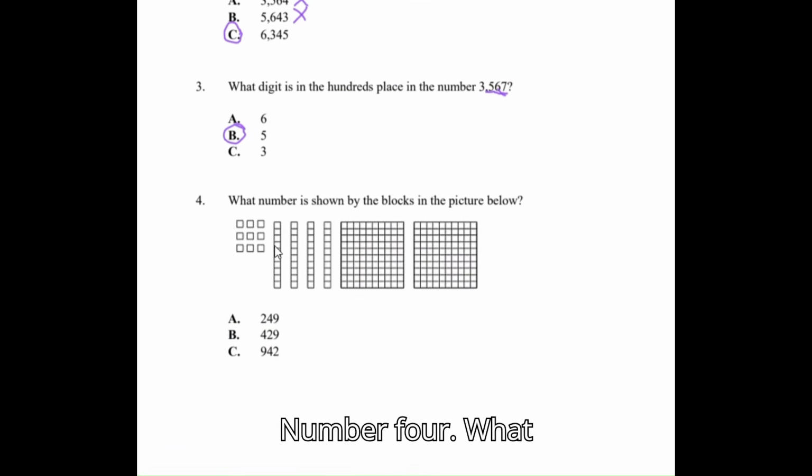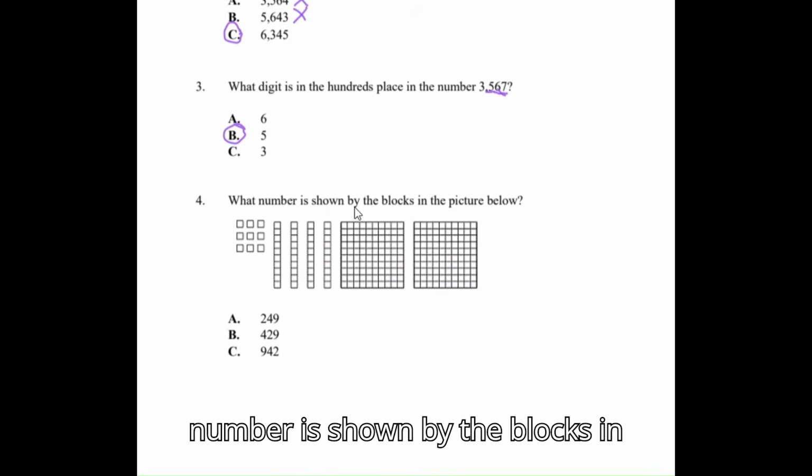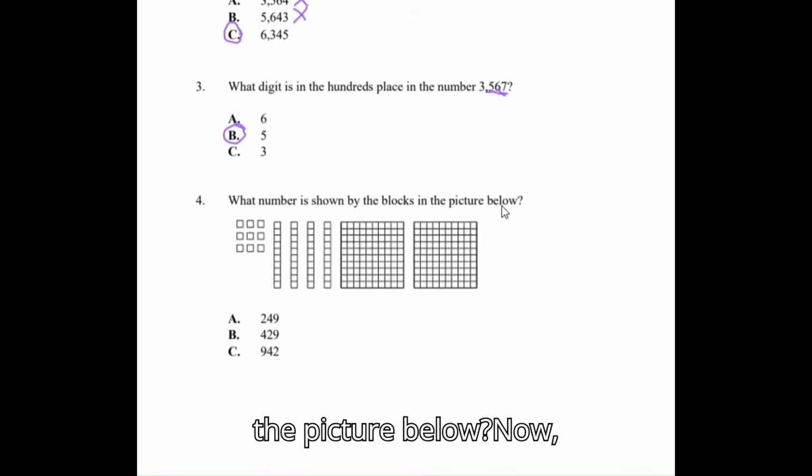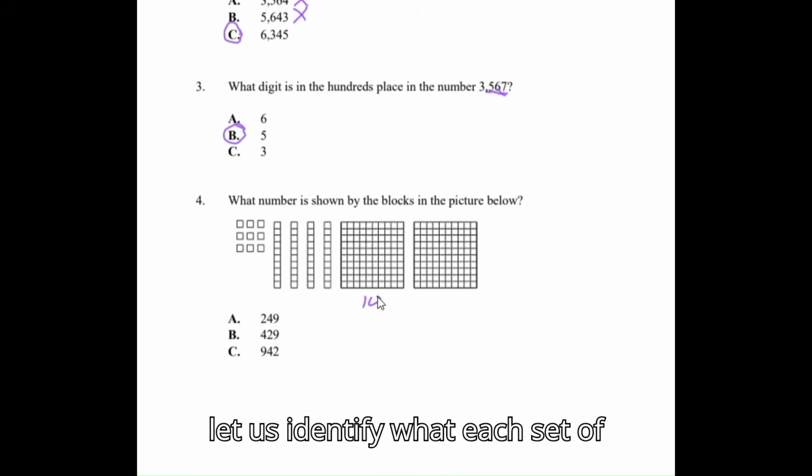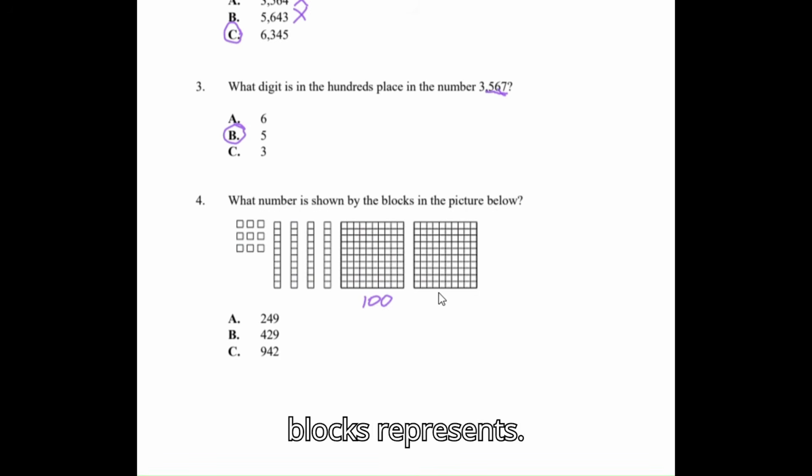Number 4. What number is shown by the blocks in the picture below? Now, let us identify what each set of blocks represent so that we can identify the number represented.